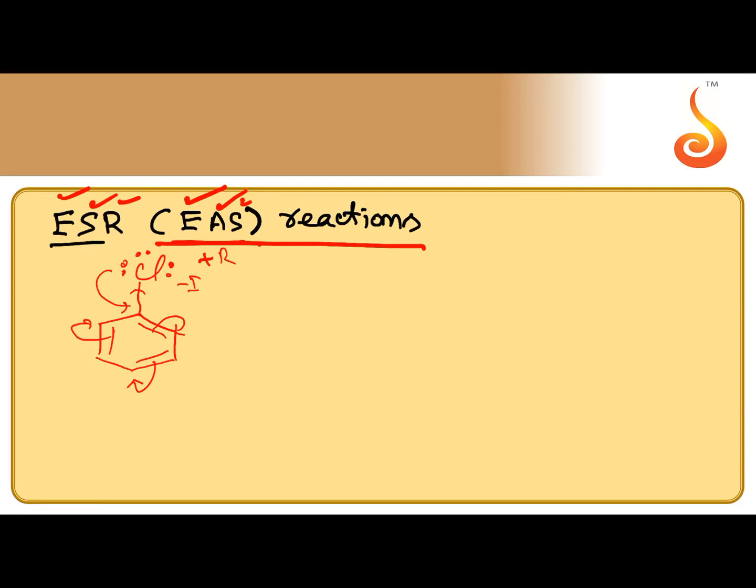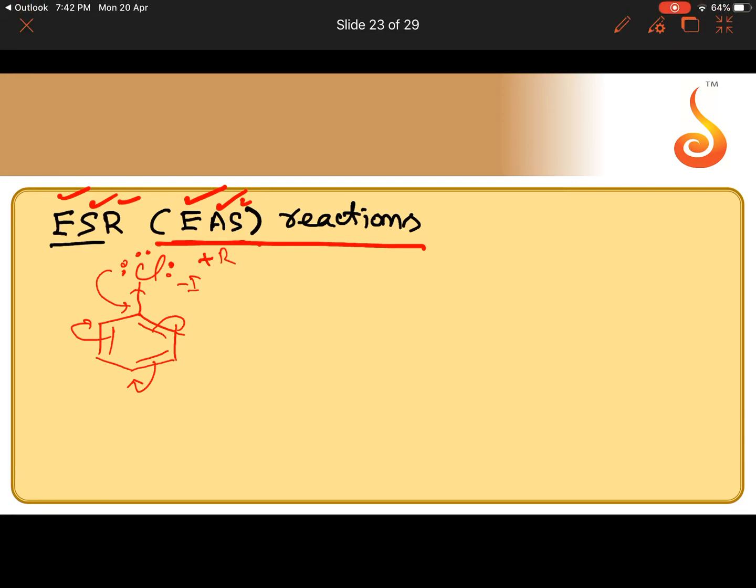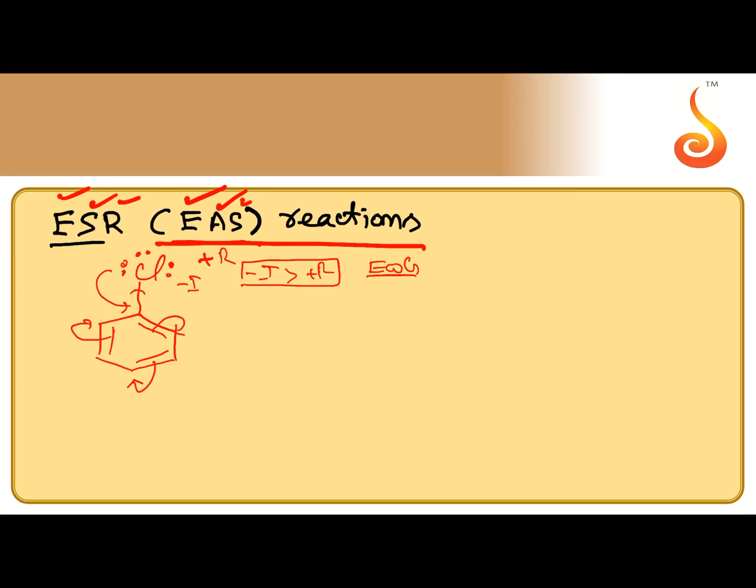Generally, resonance effect is stronger than inductive effect, but only in the case of halogens, inductive effect is stronger than resonance effect. So chlorine acts as a mild electron withdrawing, ring deactivating group, but the directive influence of the group depends on the resonance effect.